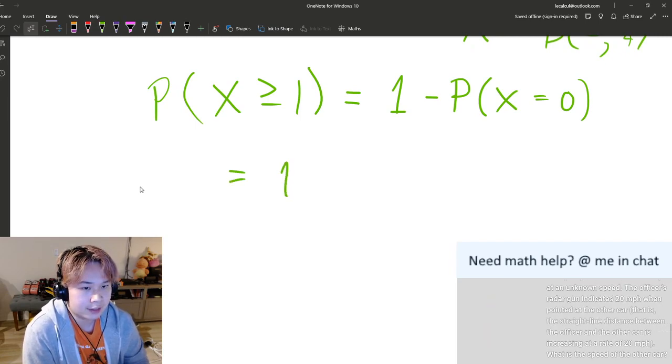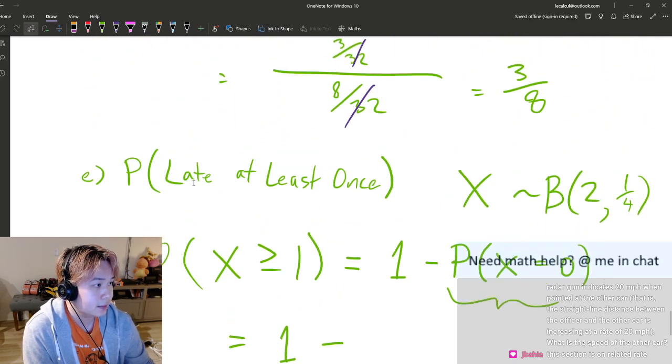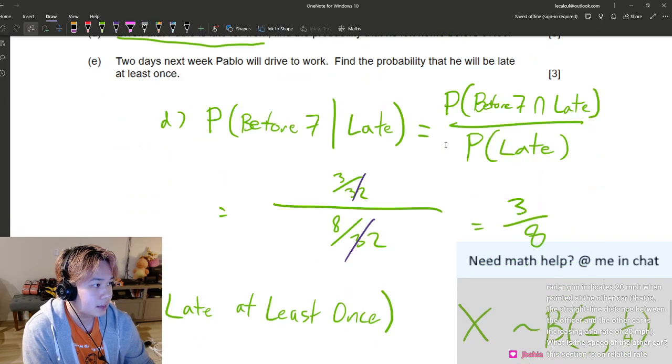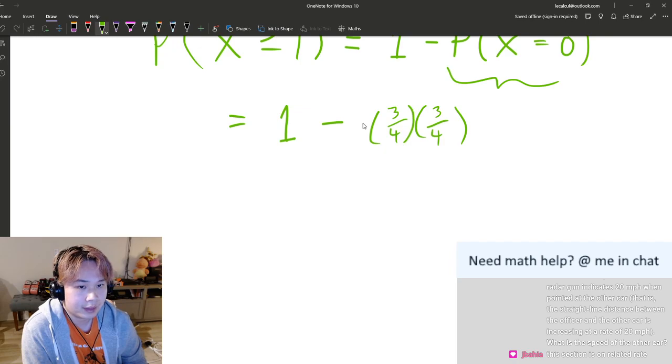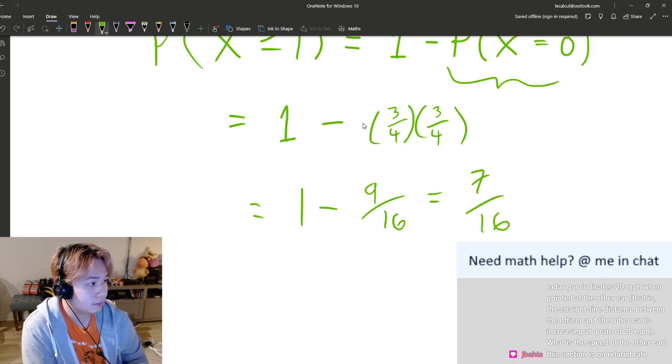You don't even need the calculator. The probability of him not being late 2 days in a row is 3 out of 4 times the second day's not lateness, which is 3 out of 4. So this is 1 minus 9 over 16, which is 7 over 16.